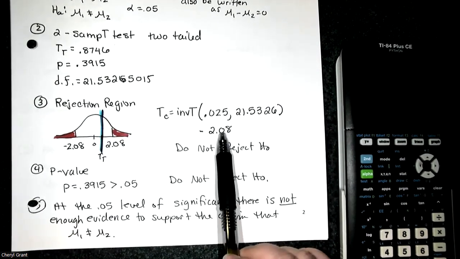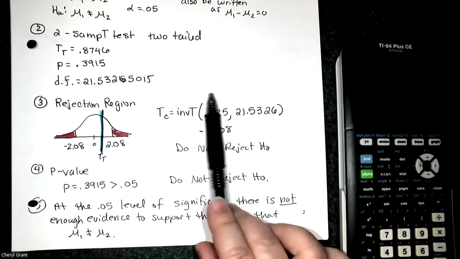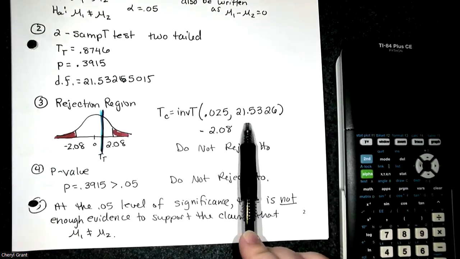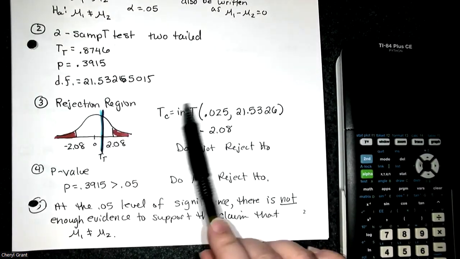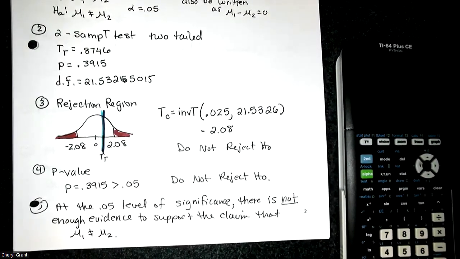Now, because some of you don't have inverse T on the calculator to do this, if you try to use the tables and you've got a degrees of freedom that has a lot of digits like this, it's not going to give you the correct value that XYZ is expecting. I would be okay, if you did it on paper, with you rounding it, because this is all estimates anyways.